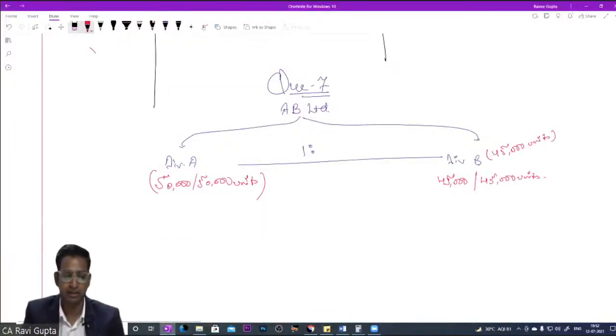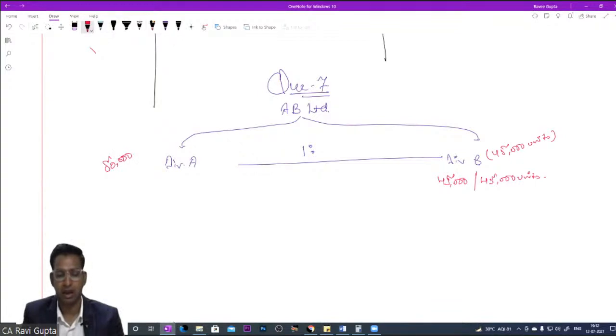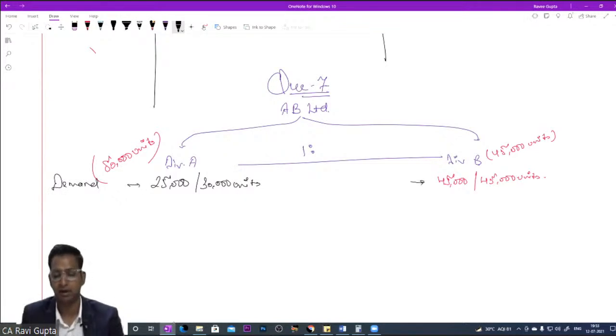Let me write it here. 50,000 and 50,000 is the capacity, and the demand is 25,000 units in year 1 and 30,000 units demand in year 2. So this represents the demand.